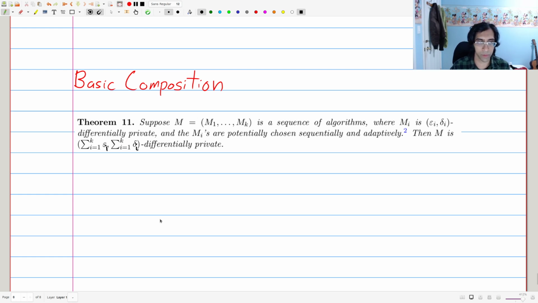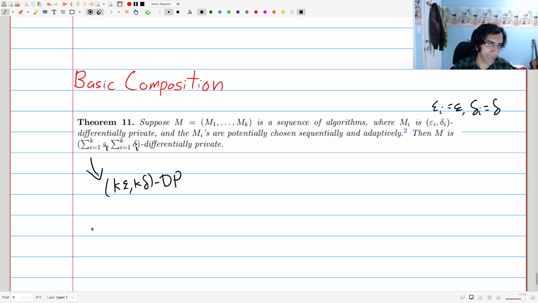Now, the claim is that there's something better, which we'll get to in the next lecture. I think I promised last lecture that we'd get to this lecture, but there's more stuff. So let's suppose they're all equal to each other: epsilon_i equals epsilon, delta_i equals delta. Then this would overall give you k epsilon, k delta DP.